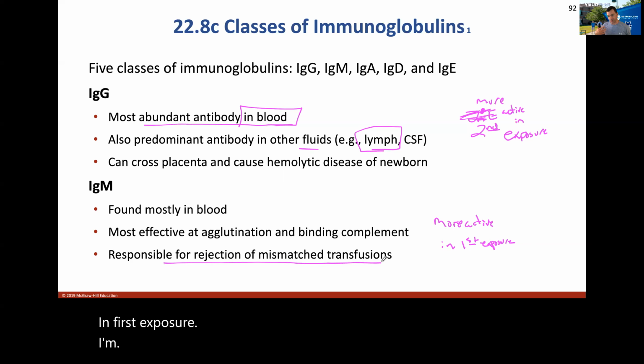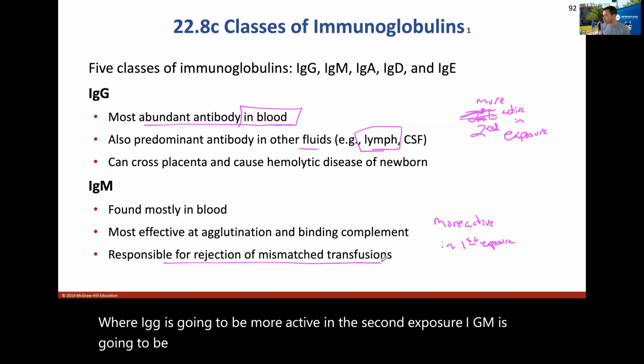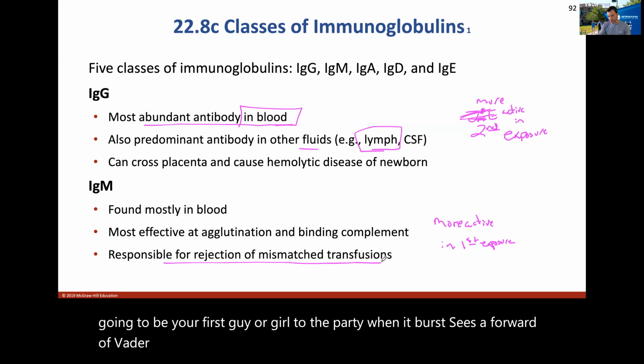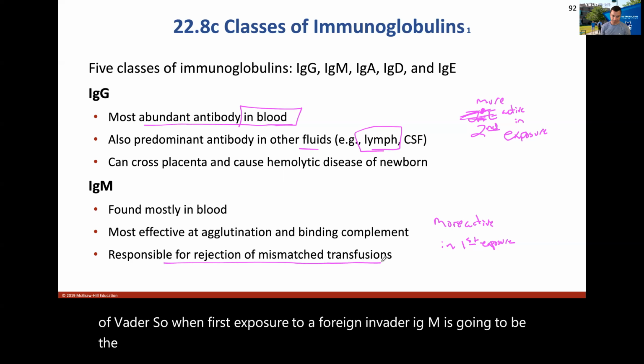Where IgG is going to be more active in the second exposure, IgM is going to be your first guy or girl to the party when it first sees a foreign invader. So when first exposed to a foreign invader, IgM is going to be the primary thing involved here.